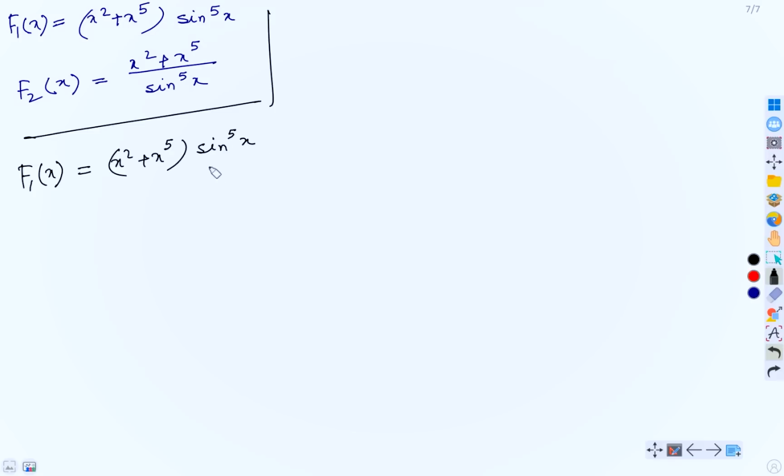Nothing so difficult here, so nothing to worry about. So this is our f, and this is our g, right? Similarly, for this problem, this is our f, sorry, I am using red color.